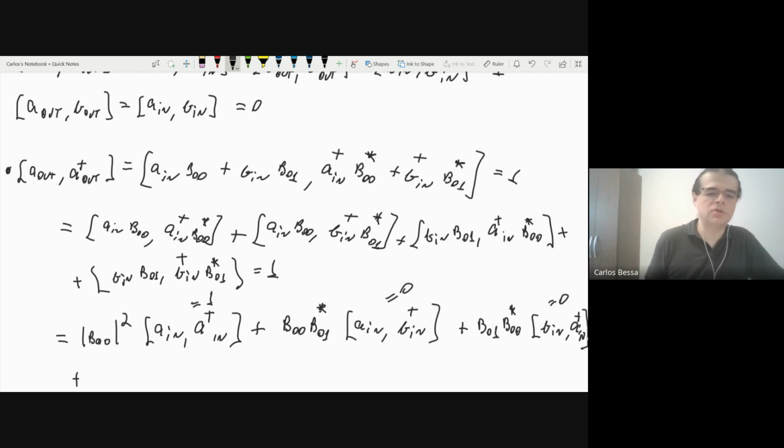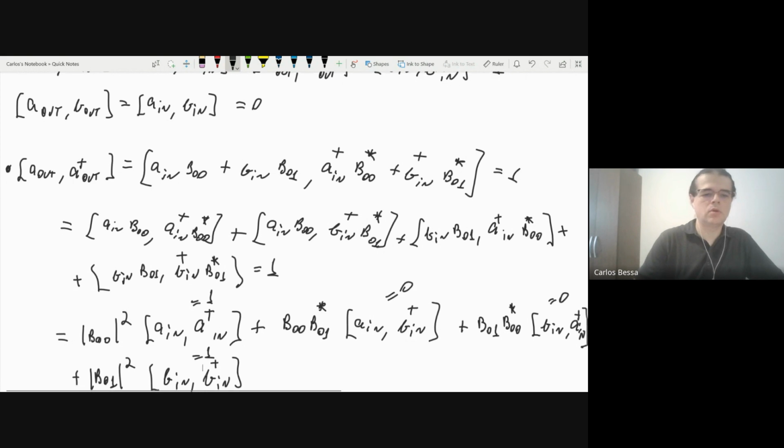When the commutator is 0. And this is B01 square, B in, dagger. This is 1. And all these things are equal to 1.